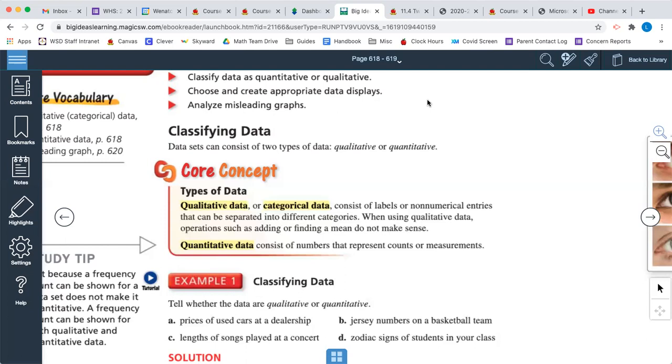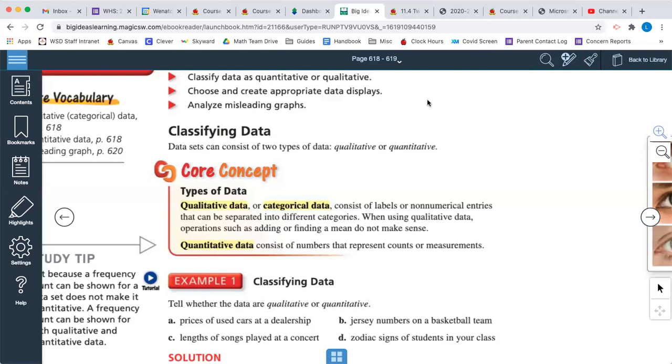It doesn't make sense to actually calculate a mean, because the jersey numbers don't actually mean anything. They're just essentially arbitrary numbers that are put on a jersey. So that one would definitely be qualitative or categorical data, despite the fact that it seems like it's numeric. The jersey numbers are in effect just labels.